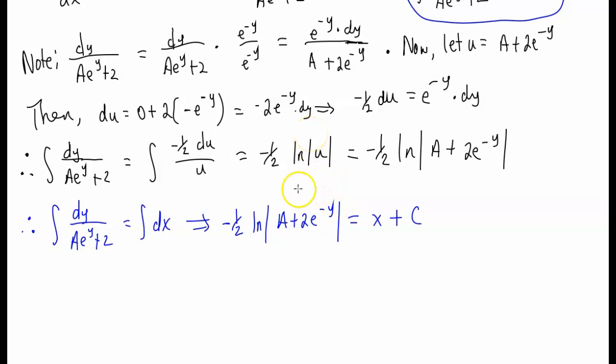All right, so at this point here we just need to get to this y that's on the inside here. And so the first thing I'm going to do is multiply both sides of this equation by -2. So I'm going to take this, multiply by -2 here, multiply by -2.